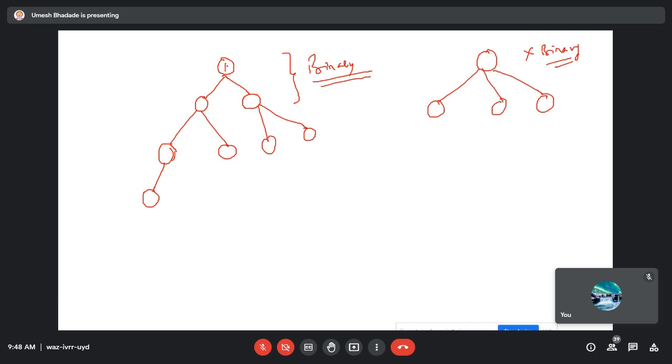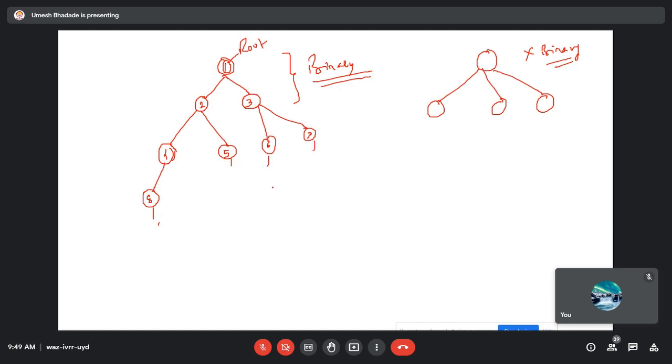Suppose this is my node 1. Node 1 is a root node. This is node 2, this is node 3, this is node 4, this is node 5, this is node 6, node 7, and this is node 8. Now here, can you tell me which are the leaf nodes? 8, 5, 6 and 7.